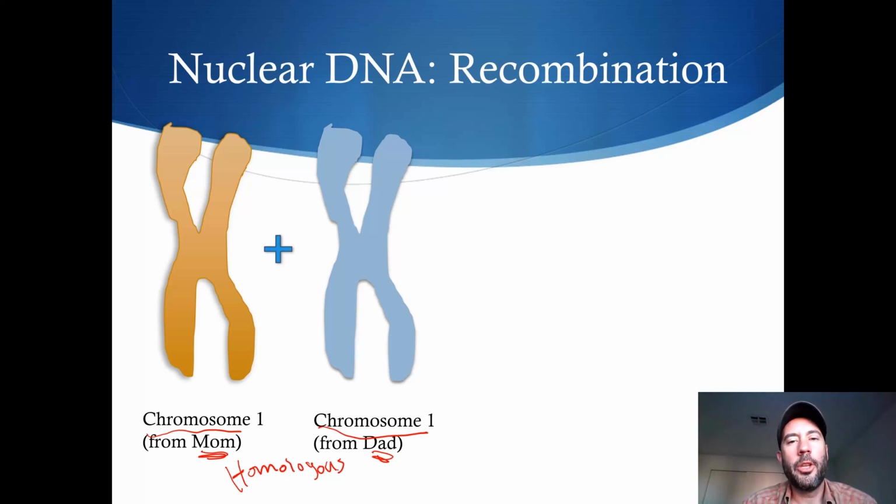So, for example, half of your DNA comes from your mom and half of your DNA comes from your dad. And if you have a child, half of its DNA is going to come from you and half of its DNA is going to come from your partner, right? So your body has to choose, like, what am I gonna pass on? I can only pass on half. So that's what recombination does.